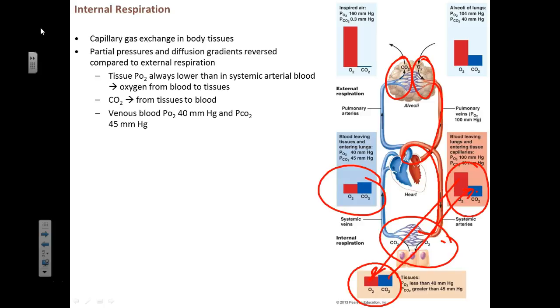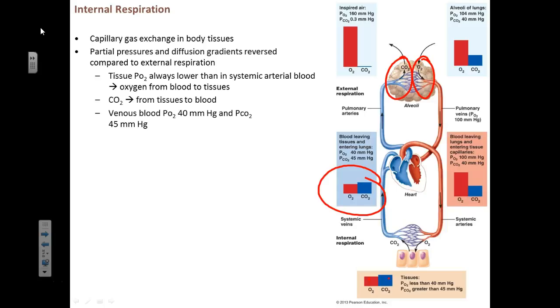They constantly use oxygen, so it's a continuous process. We can say that at the arterial end, sorry, let me erase this, this is what we have. At the venular end, this is what we get.